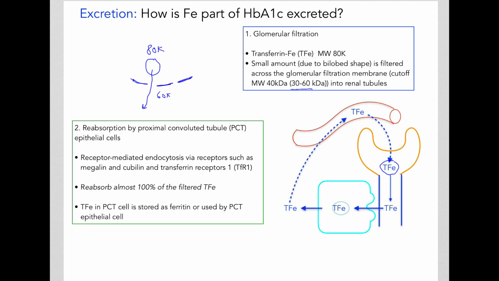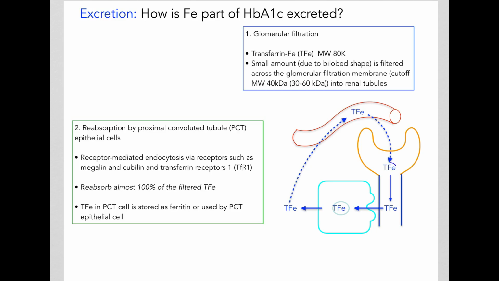Well, there is some transferrin that does enter the tubules, and the reason is because of the shape of this transferrin. It is a bilobed shape, so that means it can actually enter the space in a certain direction. So because of this elongated bilobe shape, it does enter the glomerular filtration membrane.